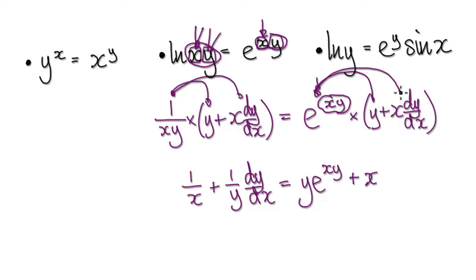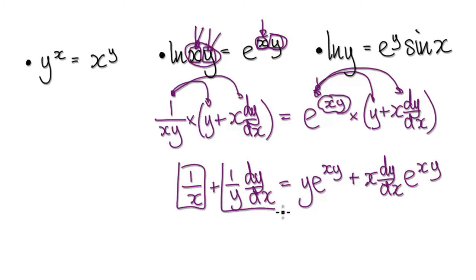This times this will then give us x dy by dx e to the power of xy, and now you've got one block plus this block equals this block plus this block.